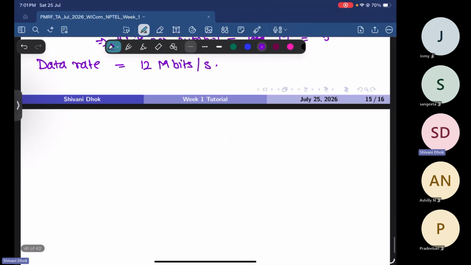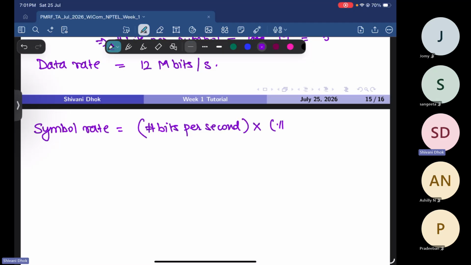Symbol rate will be equal to number of bits per second upon number of bits per symbol.